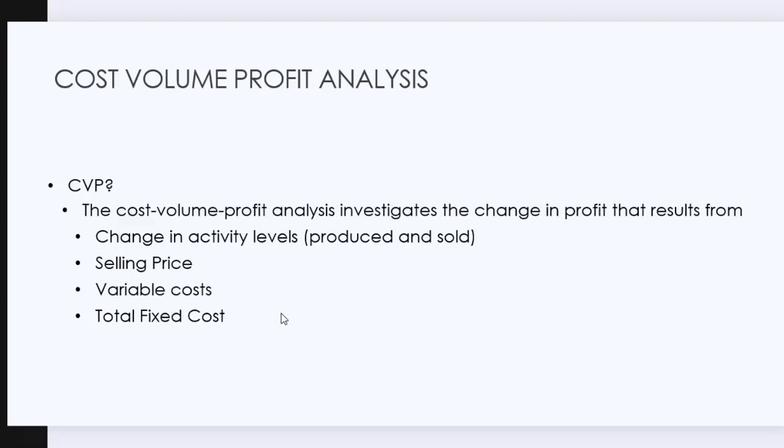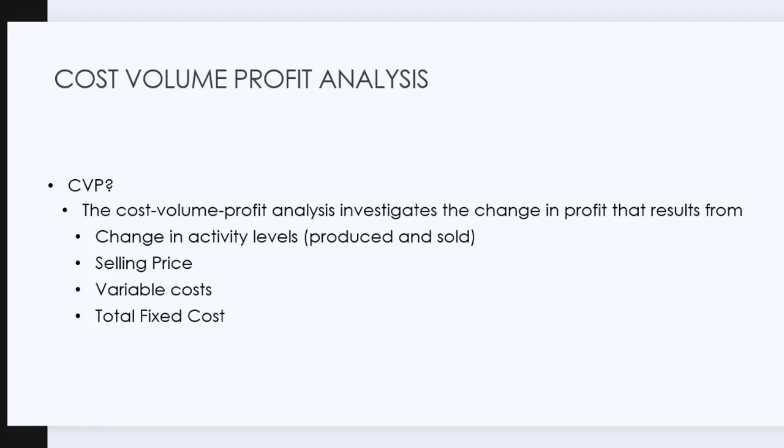Also the costs, right? When you change what you produce and sell, what are the implications of cost, of my variable cost, of my fixed cost? It's those elements that you need to take into account when you are doing your CVP.